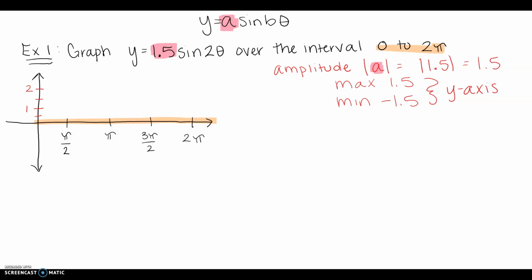This will be the highest it can go, so it won't go any higher than this, and it won't go any lower than this. So our graph is going to be somewhere in between those. Now we know how high and how low our graph can go. Now we're going to go ahead and find the number of cycles.